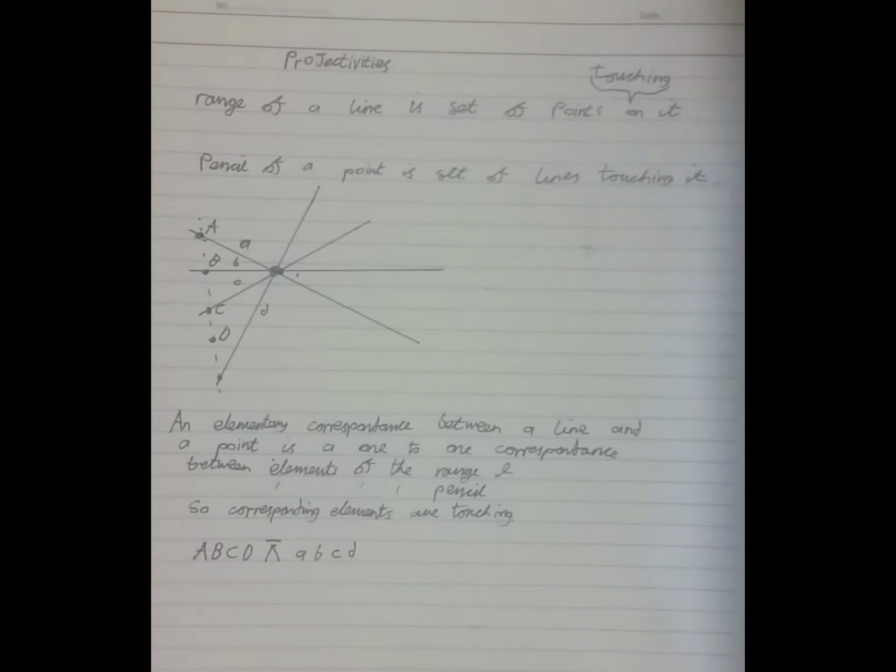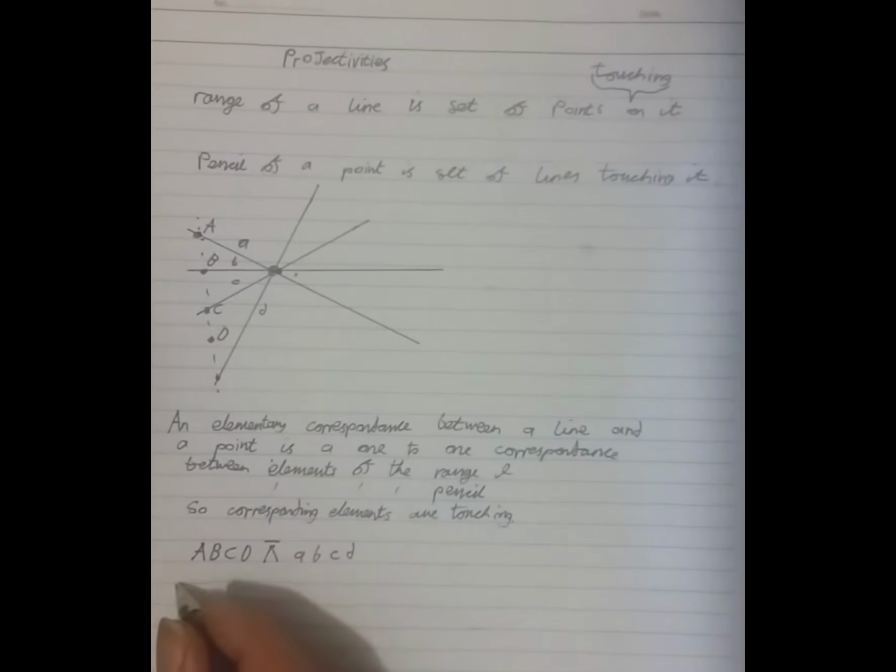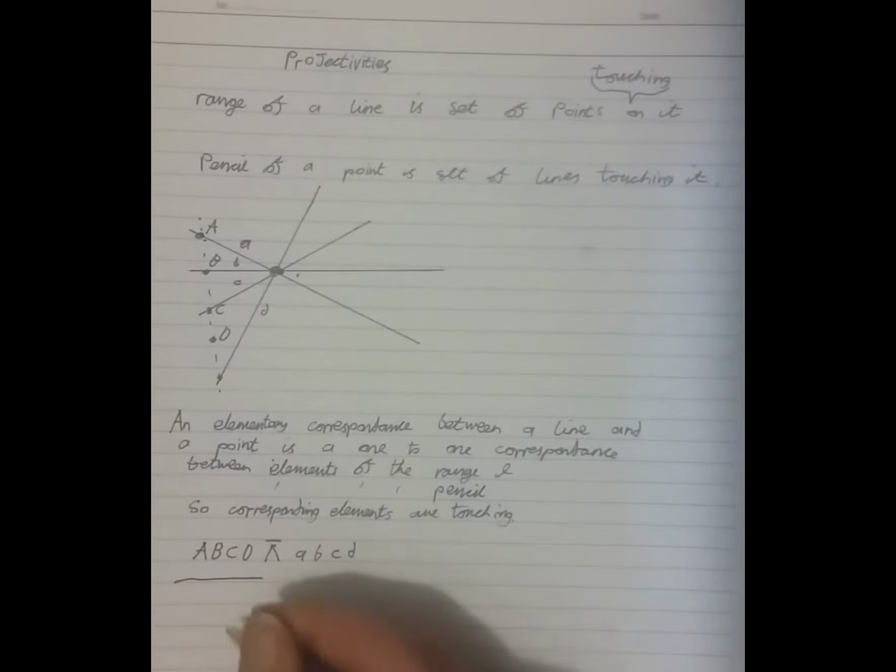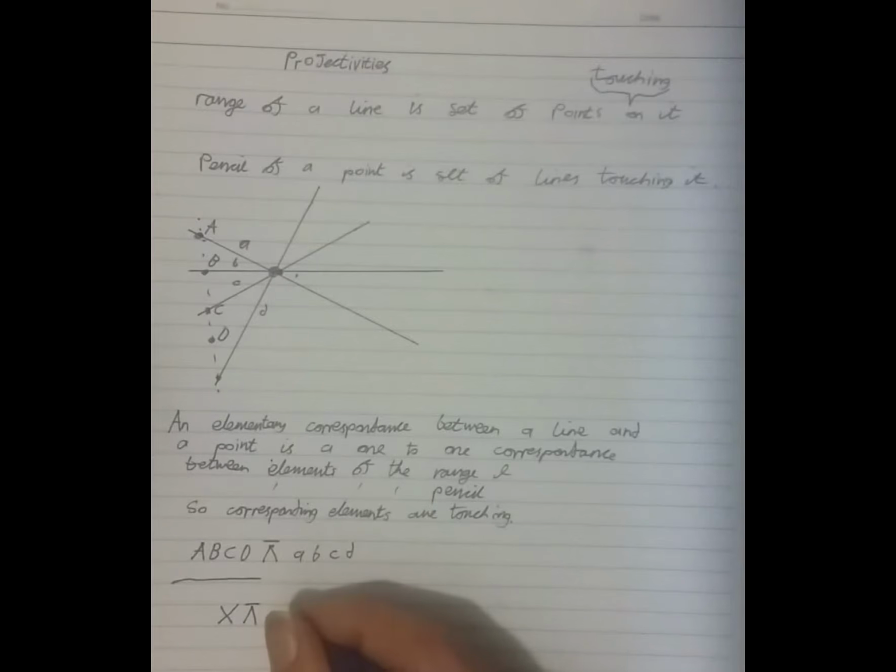More generally, sometimes we use a different kind of notation. Or should I say, sometimes Coxeter uses a given kind of notation. I'm not sure if I'm going to use it too much, but anyway, sometimes he would write something like this. He'd write X is in projective correspondence with little x.